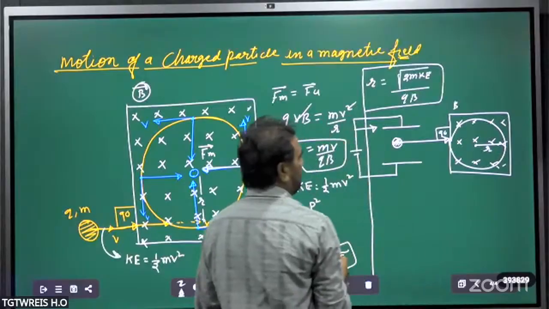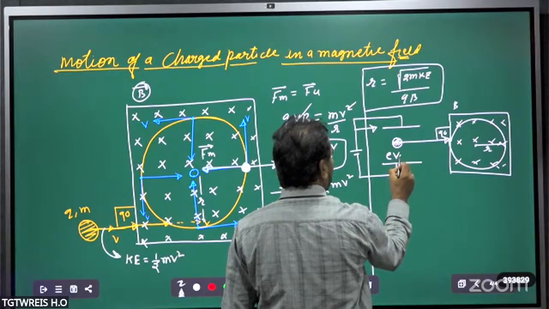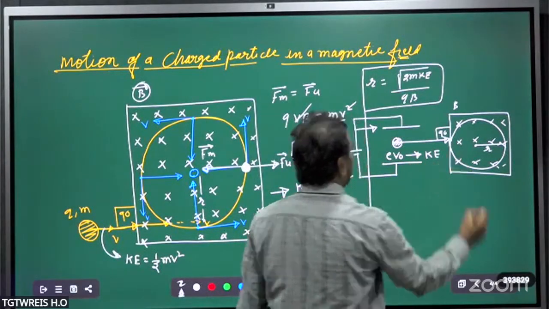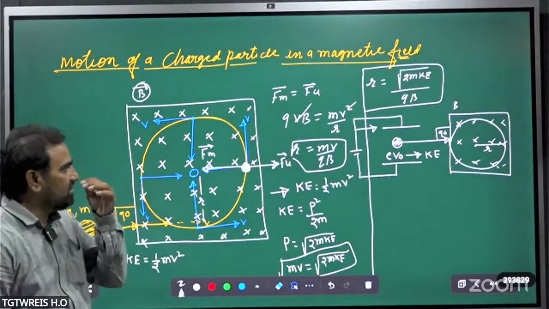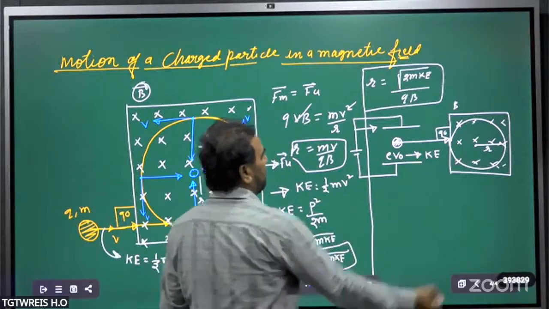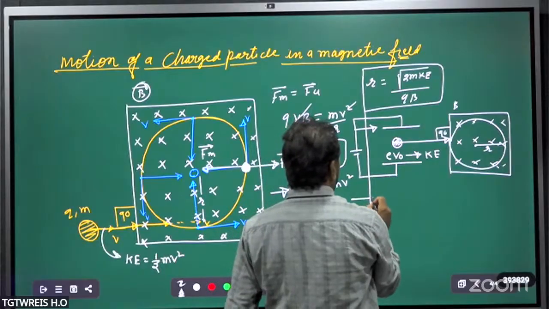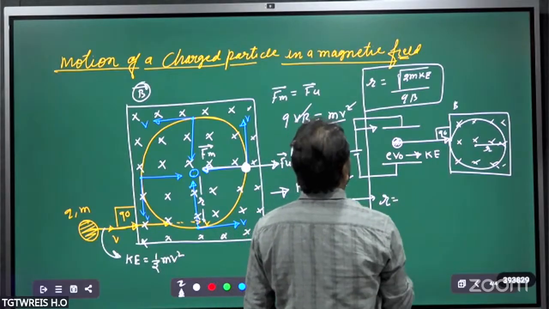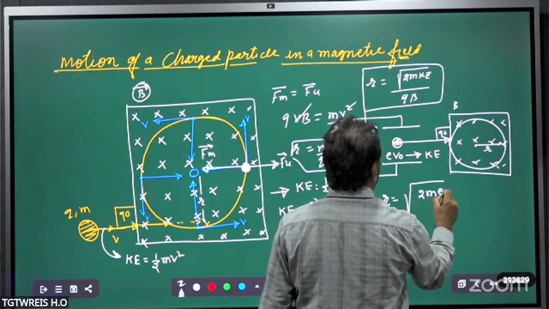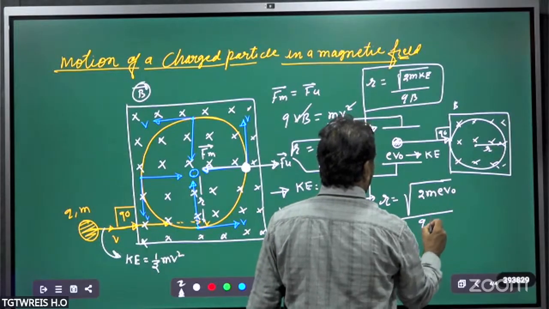Therefore, what happens is that initially the charged particle has electrostatic potential energy. This is converted into kinetic energy KE, which is converted in the form of kinetic energy KE. Therefore, KE is equal to eV naught. Therefore, the radius of the charged particle is given by r is equal to root over 2m into eV naught upon qB.